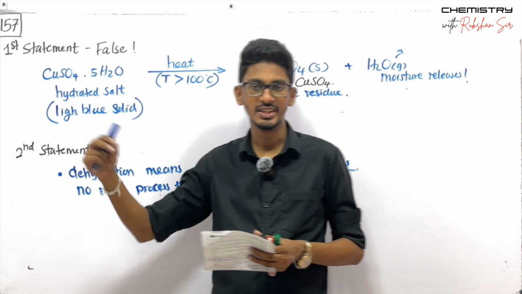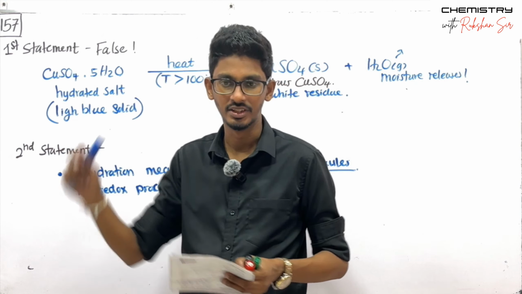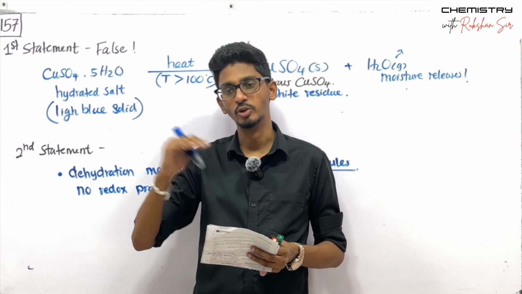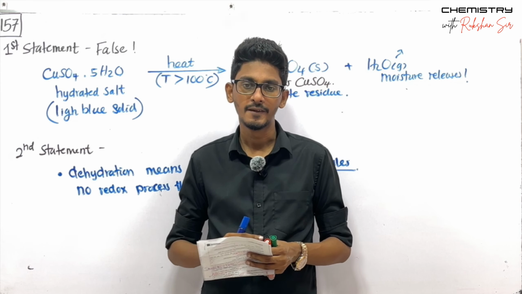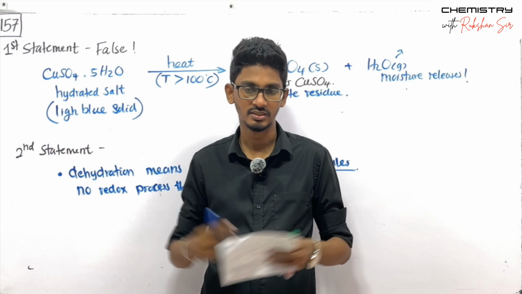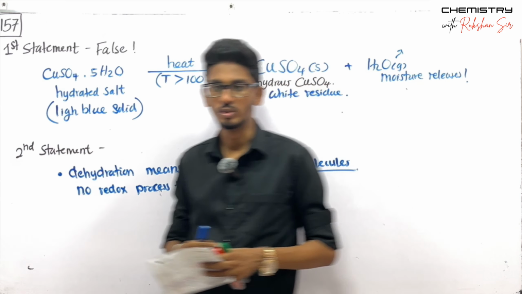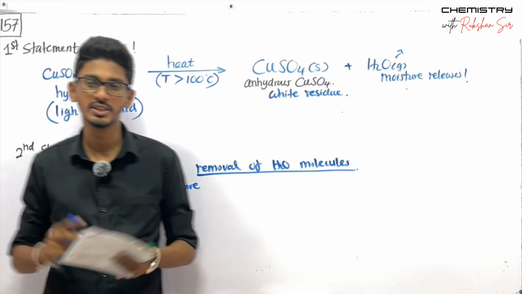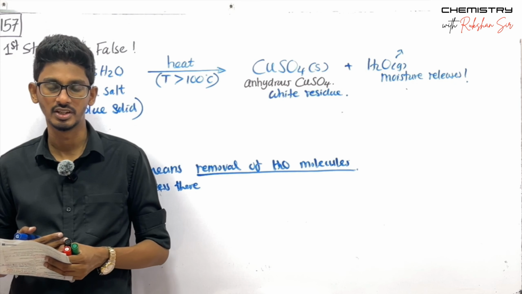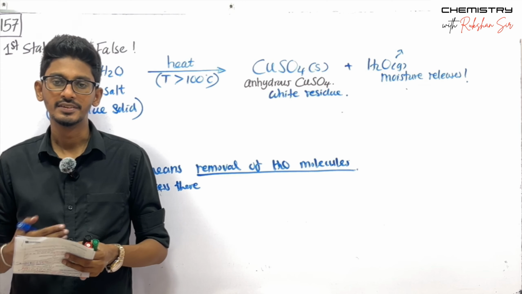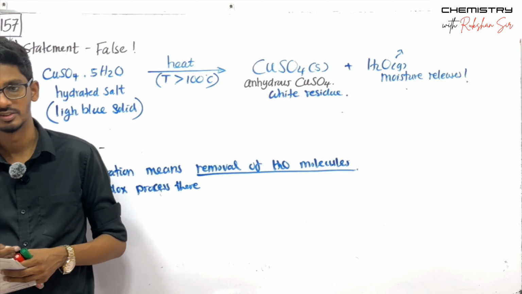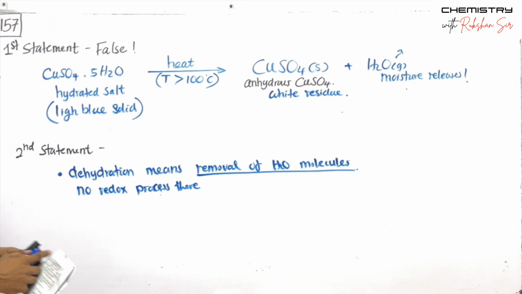We have a few colored solids with copper 1 plus too, but all the solutions of copper 1 plus are colorless, the D10 situation. That is okay. But here the color disappears not because of formation of copper 1 plus, but because the compound converts to the anhydrous salt. That is the thing we should know here.